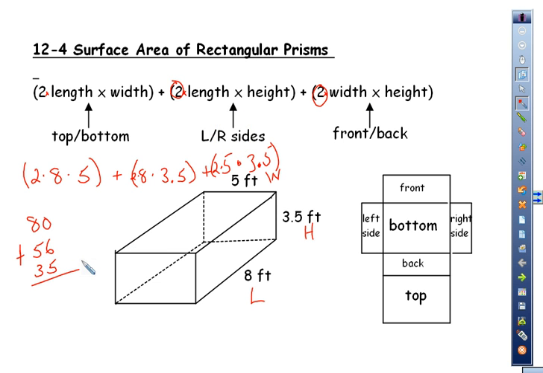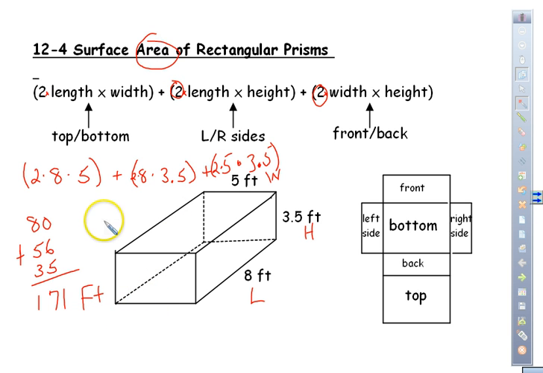And then add those together. So 80 plus the 56 plus 35. And I get 171. And it is feet. And remember what we are finding. It is area. Therefore, it is square feet.